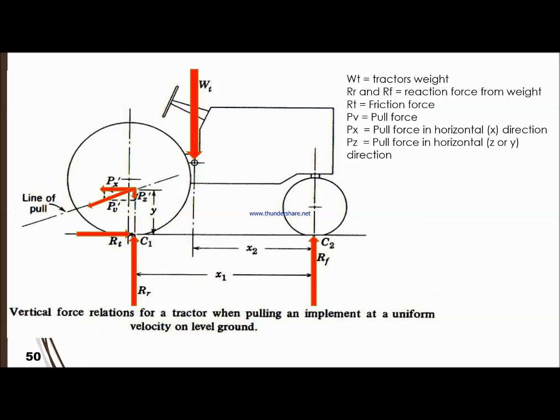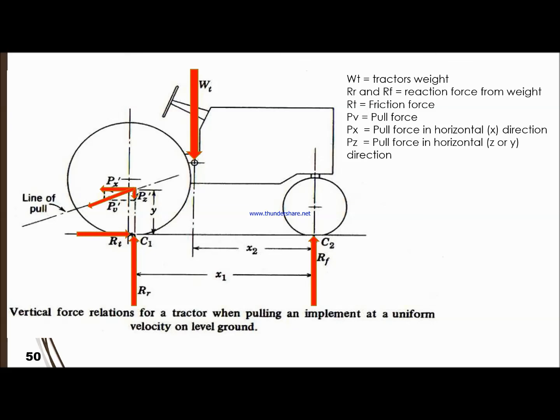So we have PV, which breaks into PS and PZ, the direction of the force, and RT is the friction from the soil. At the bottom here we have the reaction from the weight of the tractor itself, W on both wheels, while WT is the center of gravity of the tractor.